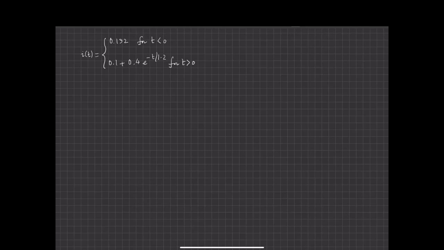All right, so here goes. Not the circuit, the response. This is t in seconds, this is I of t in amps. Where is the circuit for t less than 0?